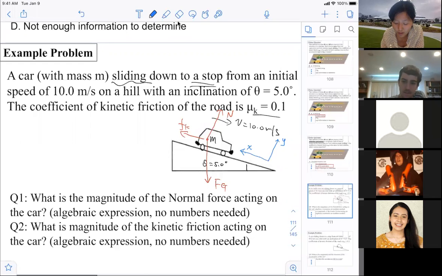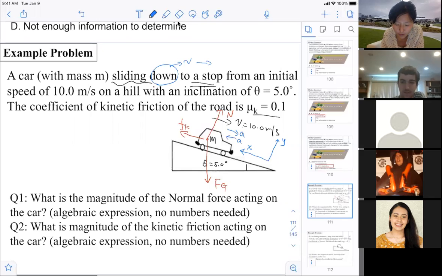Negative x, because it's going towards the origin from the positive side. So is my acceleration going down the ramp or up the ramp? Given my velocity is going down the ramp because the car is sliding down, is my acceleration also pointing down?